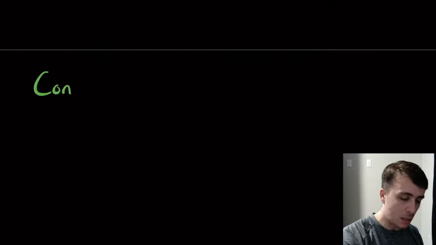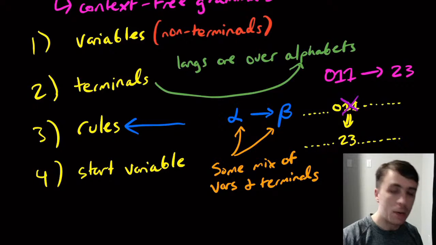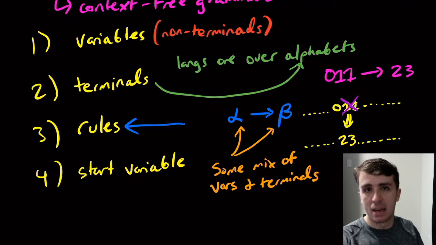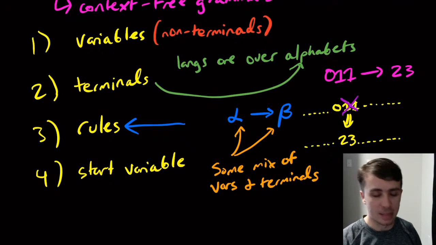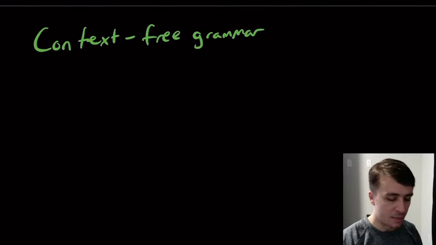So what is a context-free grammar? Oh, by the way, variables and terminals are still a finite set in all cases. So if they were infinite, then we could pretty much do anything at this point. But they're all finite, just like with DFAs.